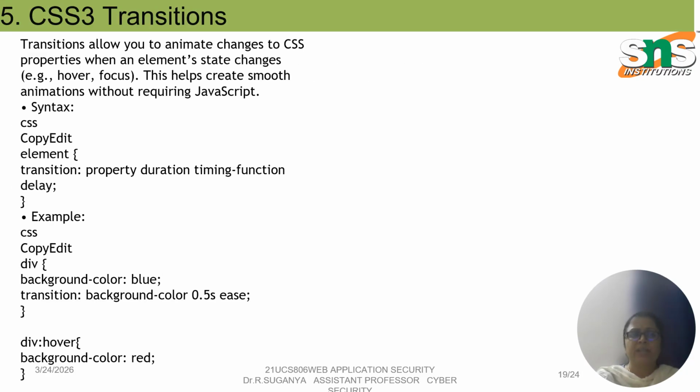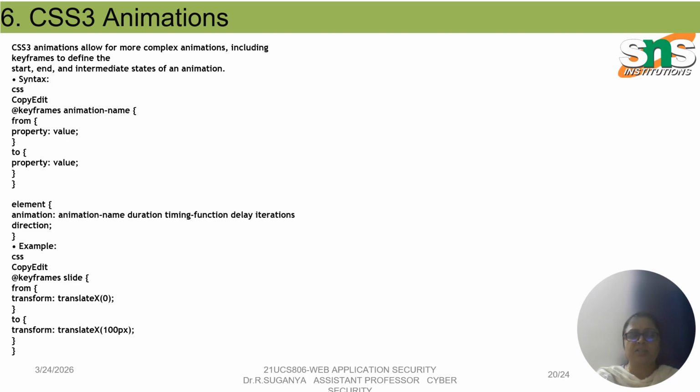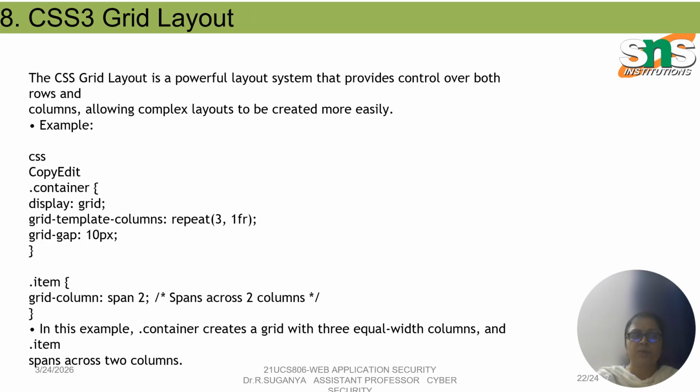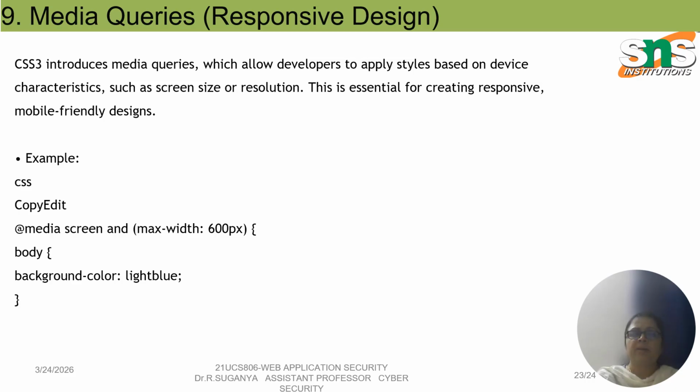CSS3 transitions and animations can be included inside the divisions. Flexbox layout can be included in the new HTML5, with containers having display, justify-content, align-items and flex-wrap. And grid layout with columns, grid gap, and media queries to respond.